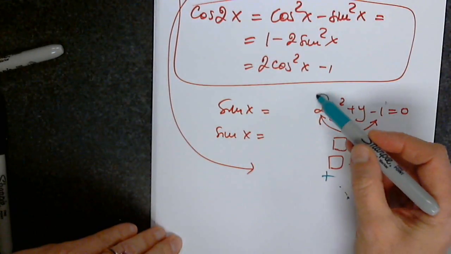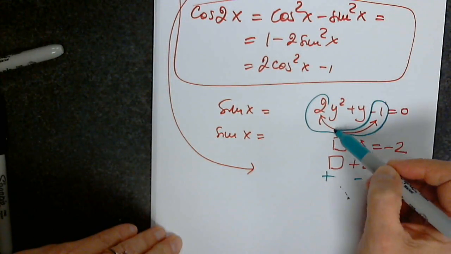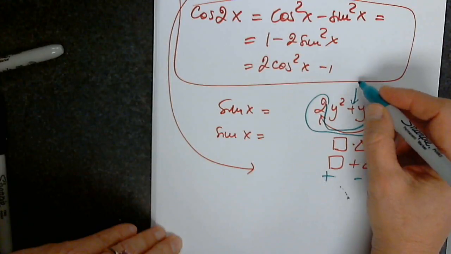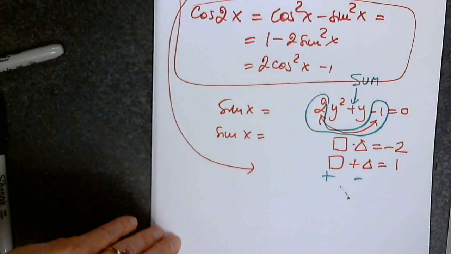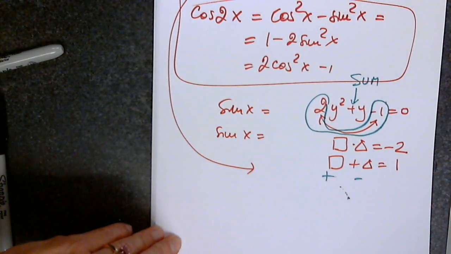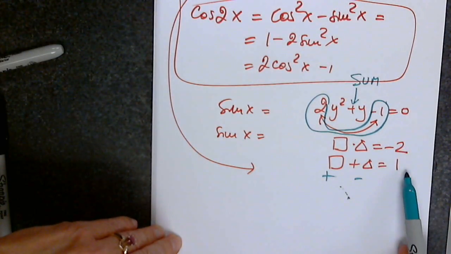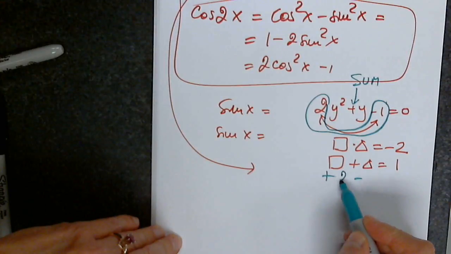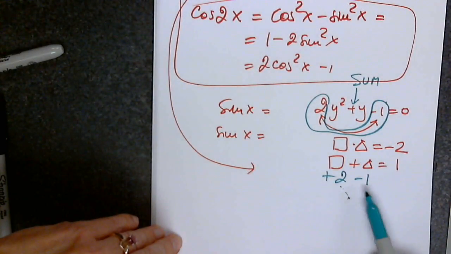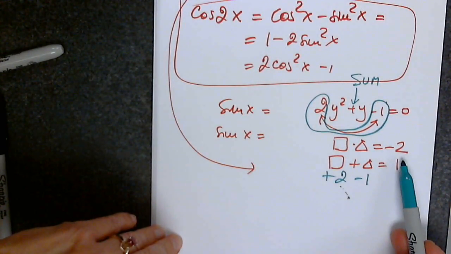So remember, this is the product if the leading coefficient is not 1, and this will never change. This is always the sum of the numbers we are looking for. So, can I find 2 numbers whose product is -2 and whose sum is 1? Yes, it's 2 and -1. The sum is 1, the product is -2.